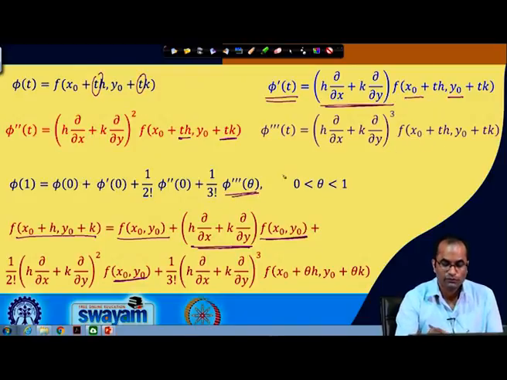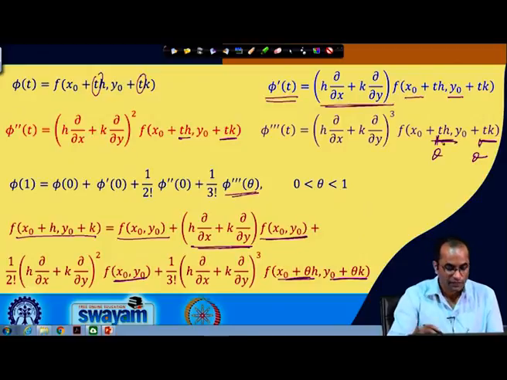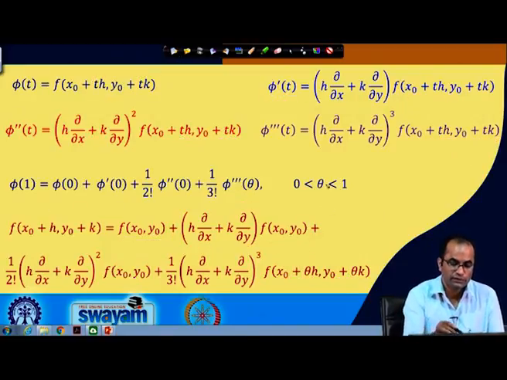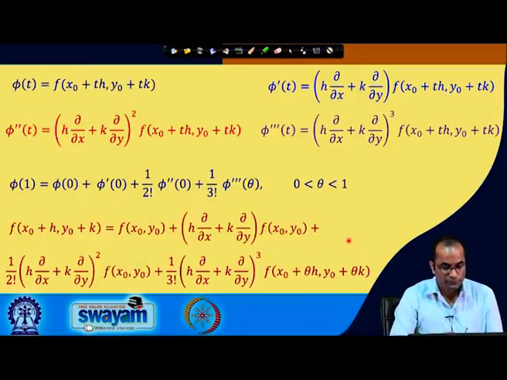So, here t will be replaced by theta, and then we have this third order term at x 0 plus theta h and y 0 plus theta k. And this is the result which we want to prove for Taylor's theorem for functions of two variables.